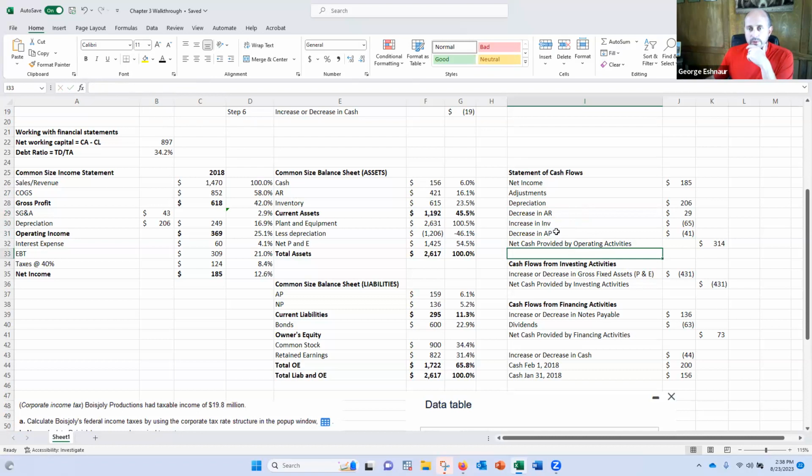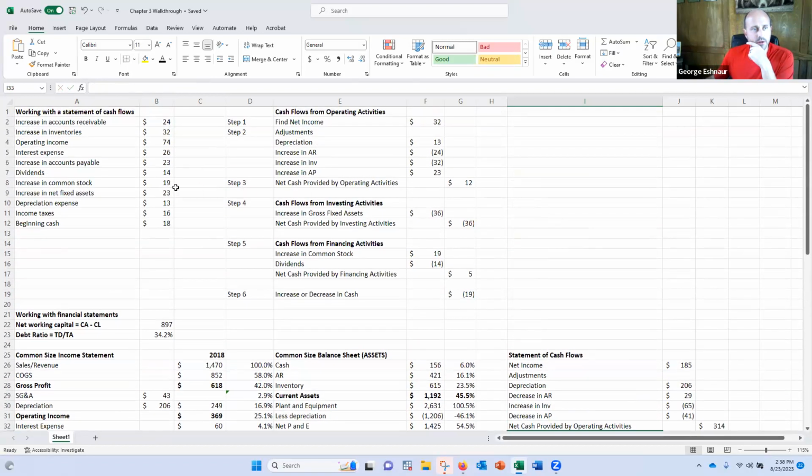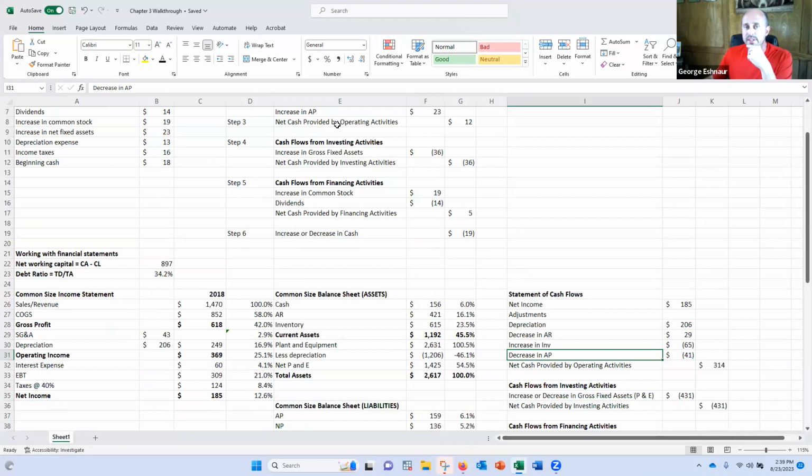Okay, so if we look again up here, increase in AR was negative on this example, but we see it actually went down, so it would be a decrease in this one. So you can do some comparative between the two. An increase in inventory for both was met with a negative number. And this one had an increase in accounts payable, which means we borrowed cash and we got it on hand. This one was a decrease in accounts payable, so we paid back whatever outstanding balances we had. So that's a negative. So you see a little inversion here, but it's the same layout.